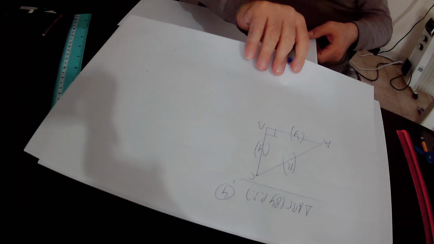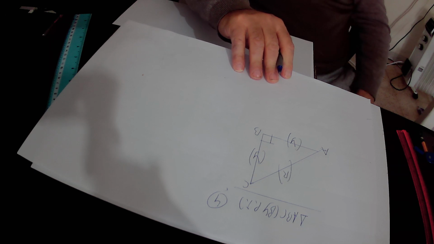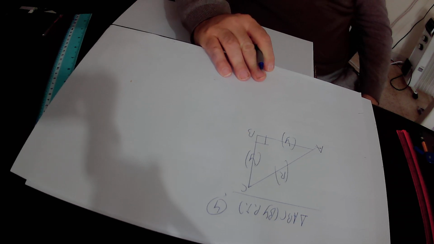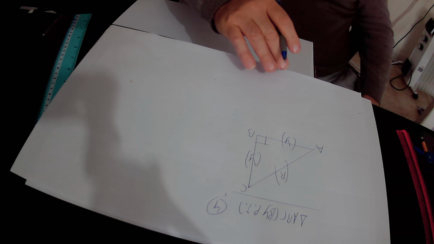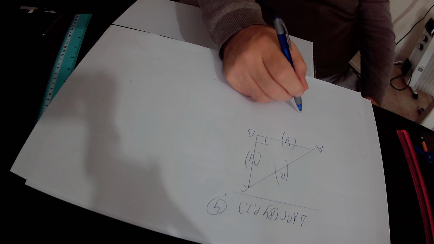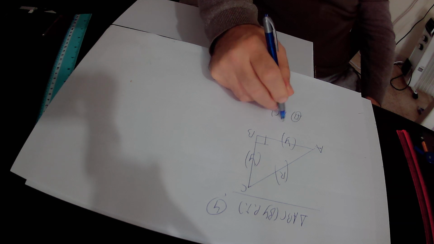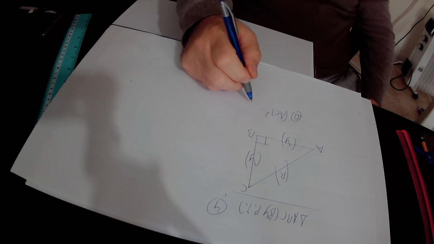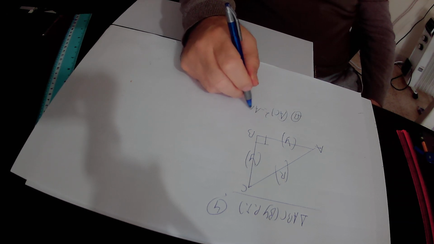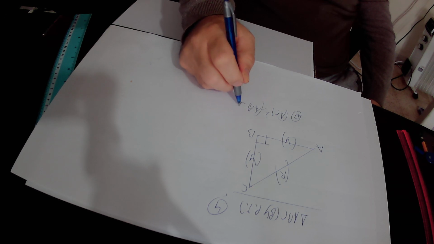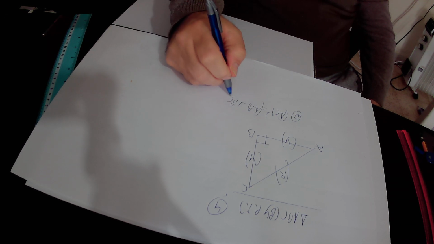So actually, this is the right triangle ABC that I copied from the original drawing. According to the Pythagoras theorem, in this right triangle ABC, you get that AC square equals to AB square plus BC square.